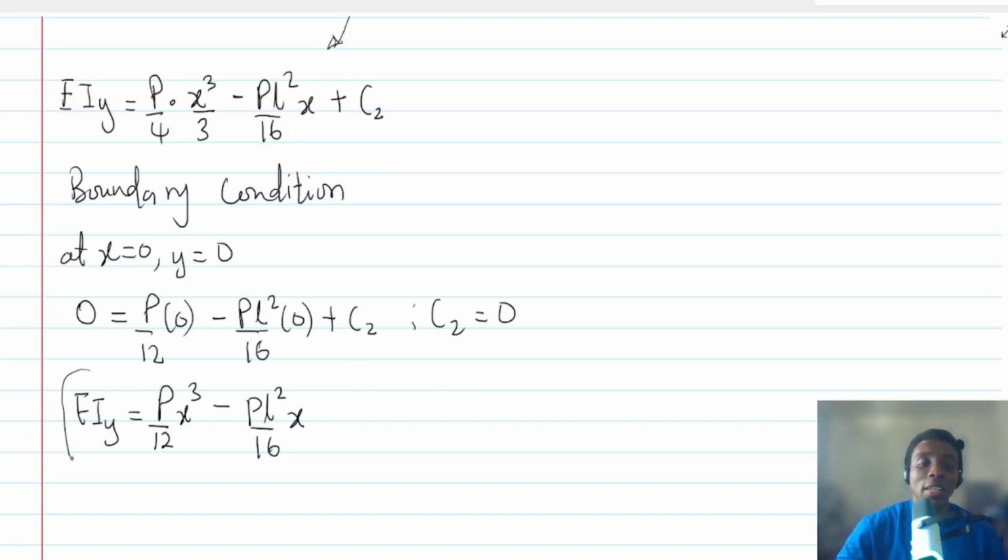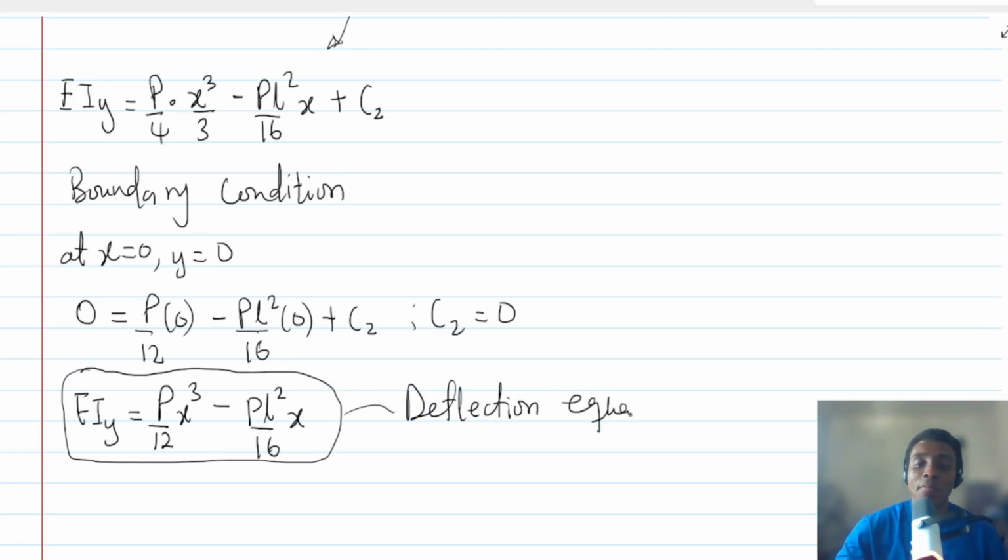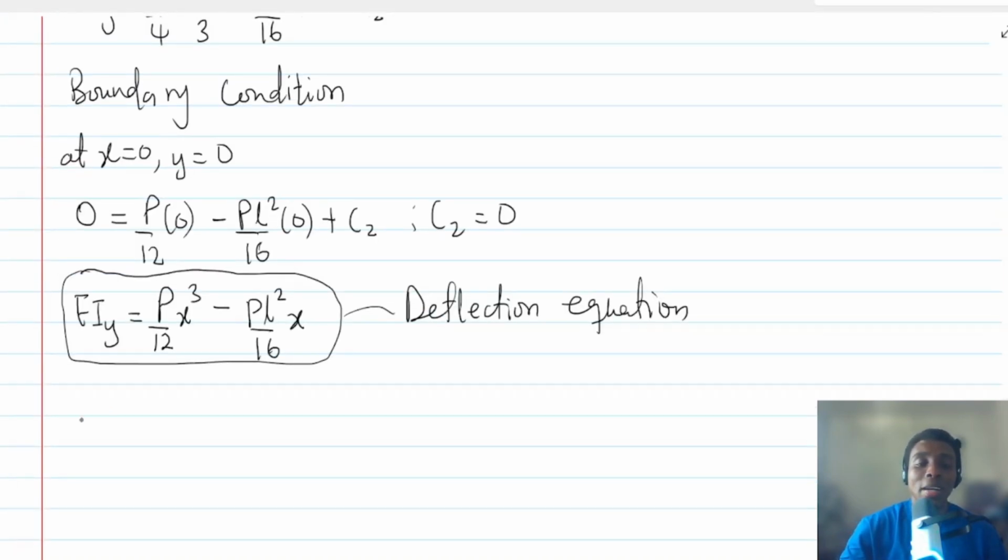So in fact, we are done. This is the deflection equation. So we call this the deflection equation. Now once we are done with the deflection equation, we can go ahead and find the maximum deflection.